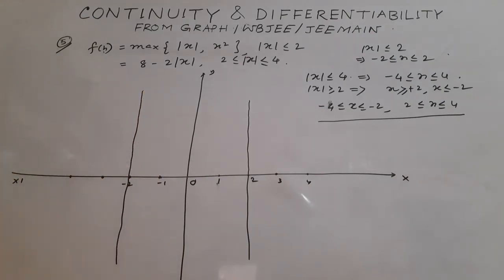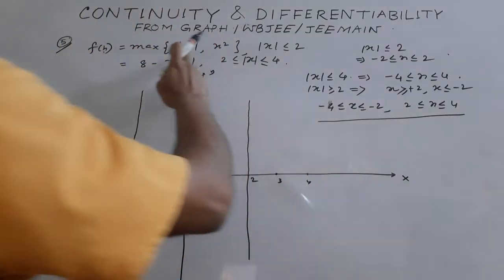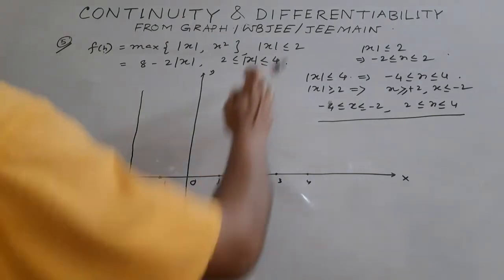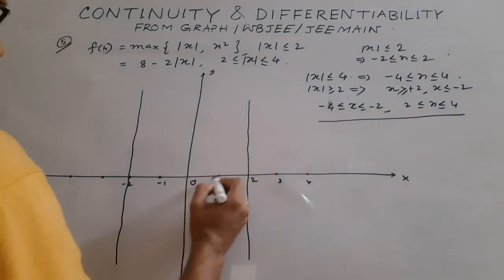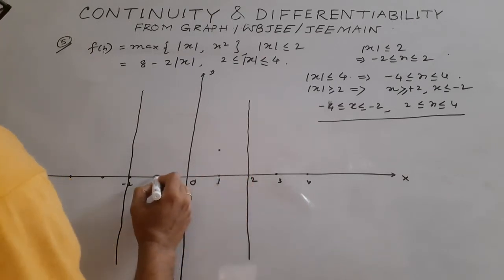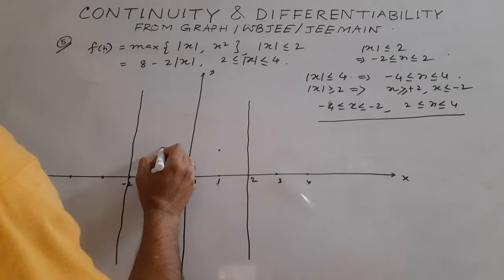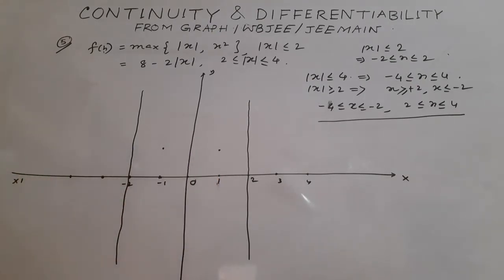Now look, we first draw the graph in this one, minus 2 to plus 2. So y equals mod x. At x equals 1, it is 1. At x equals minus 1, it is also plus 1. So y equals mod x.